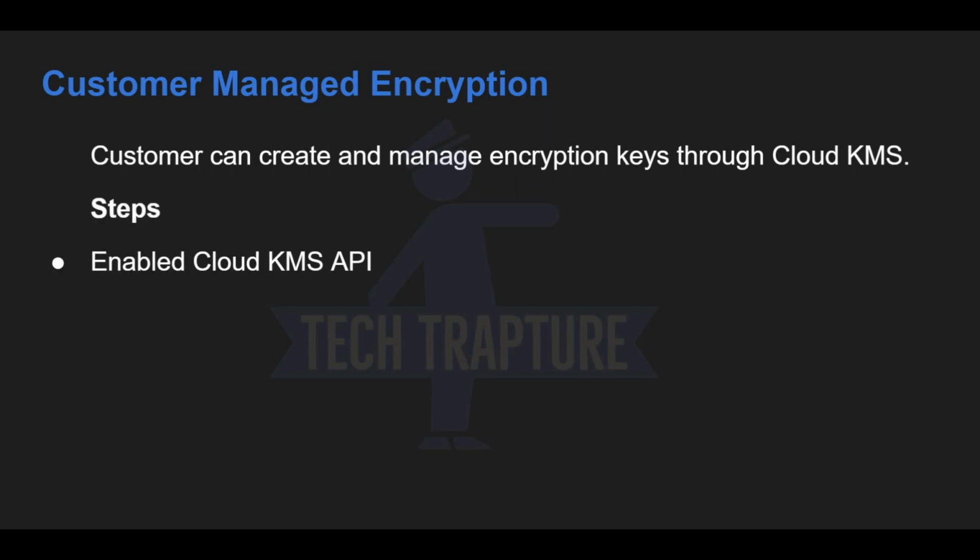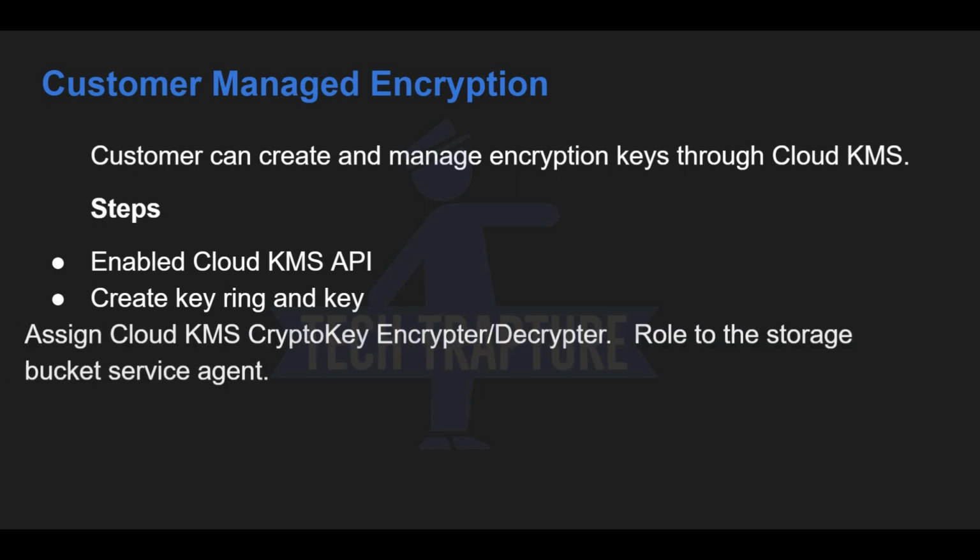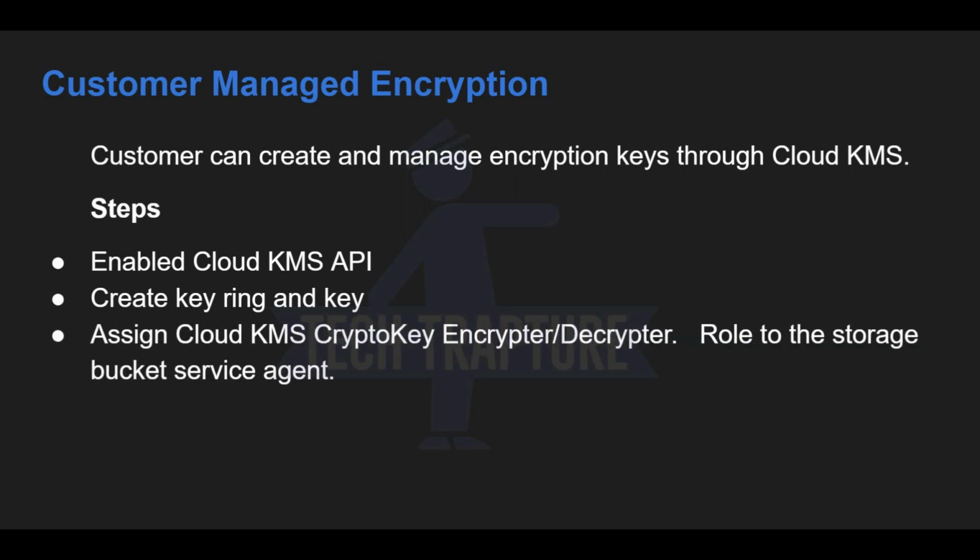So we have to enable the Cloud KMS API first. We have to create a keyring and key. I will show you on the console how to create a keyring and key. Then we have to assign the Cloud KMS CryptoKey Encrypter/Decrypter role to the storage bucket service agent.